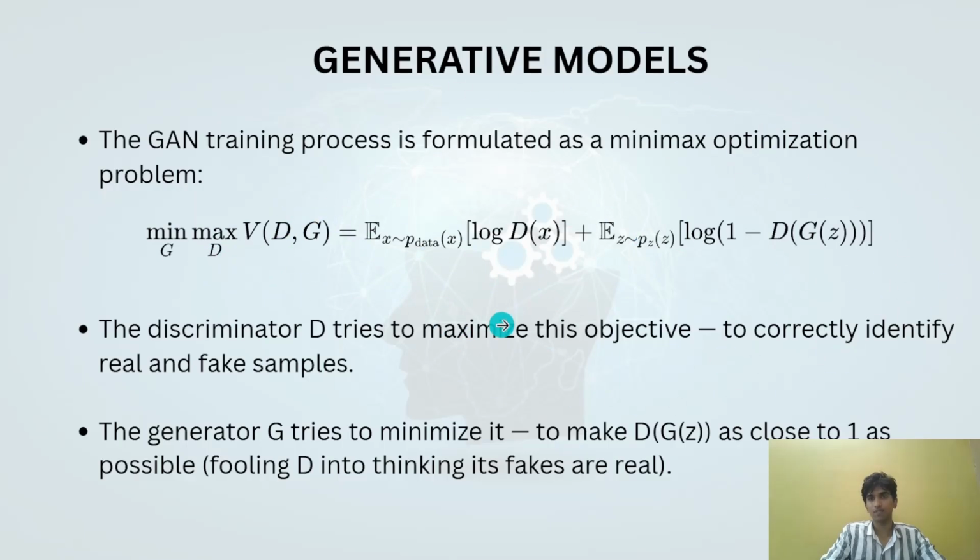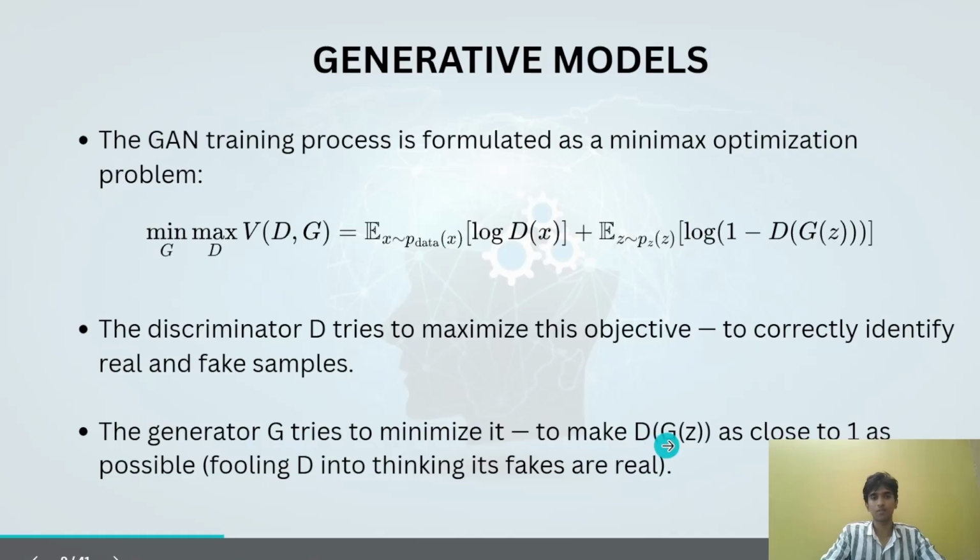Finally, when we reach a middle ground between both of them, the parameter which corresponds to the middle ground is chosen by the model. As I said, the generator tries to minimize it and to make d of g of z as close to 1 as possible, and d tries to maximize this objective.